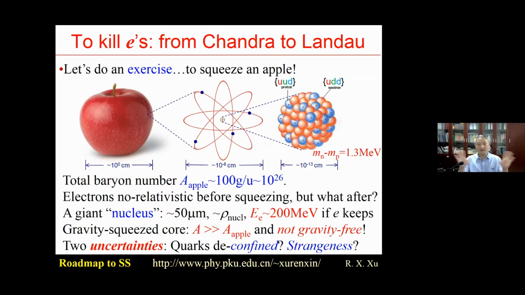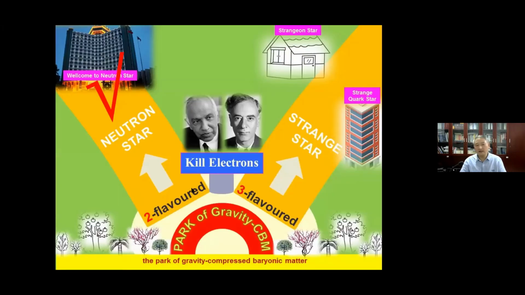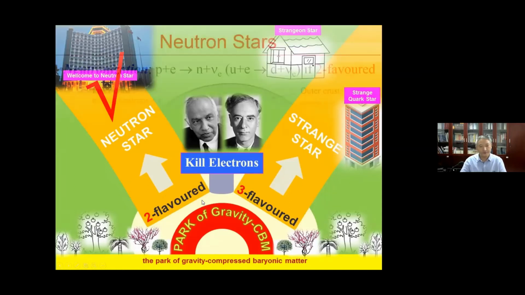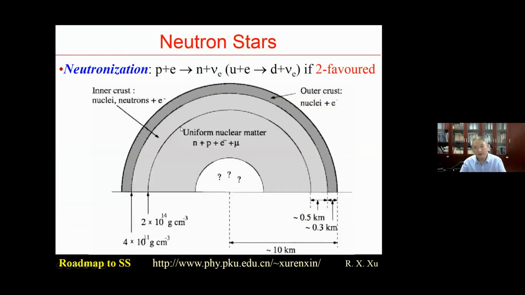No other ideas. So if you go this up and down two-flavor way, finally you get to neutron star building. Let me show you. This is very simple.